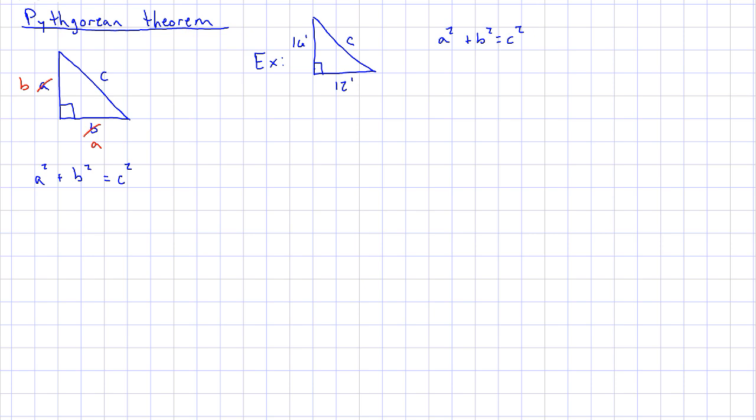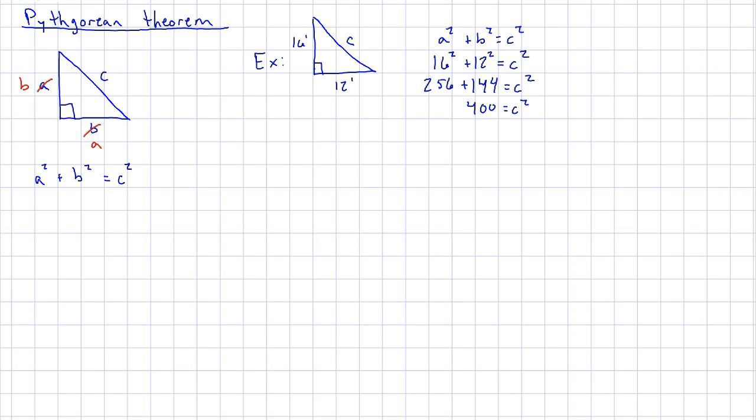So I have 16 squared plus 12 squared equals C squared. And then I need to plug this into my calculator. So 16 squared is 256, 12 squared is 144, and then when I add them together, it ends up being 400 equals C squared.